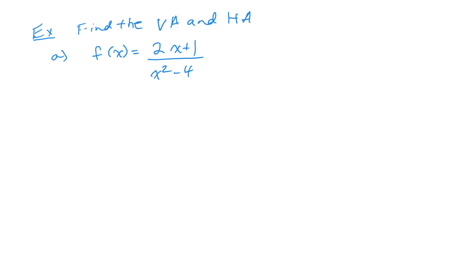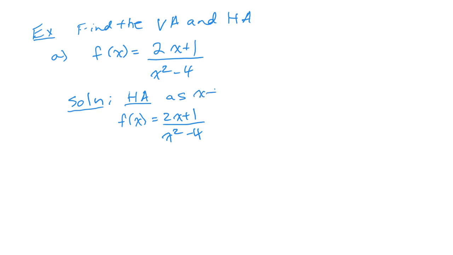Okay, so this is how you do the horizontal asymptote. Start with your basic function, f of x is equal to 2x plus 1 over x squared plus 4. Now, here's the thing. As x approaches infinity, this function turns into 2x over x squared. Just think of it this way: the 1 and the 4 disappear.